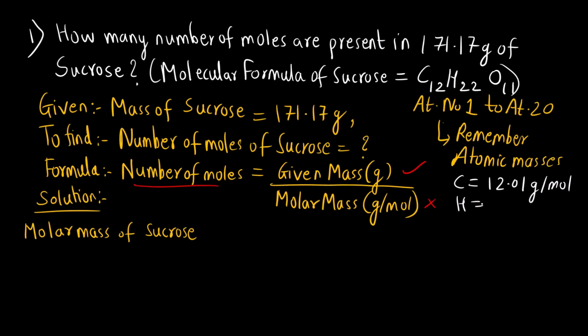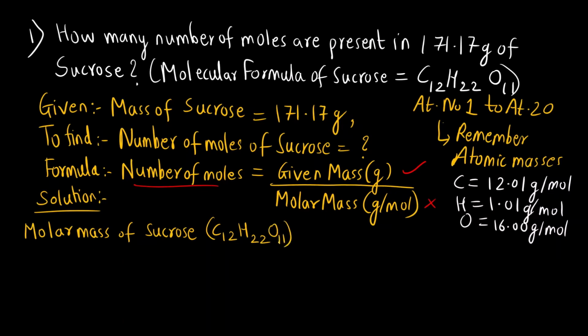For hydrogen it is 1.01 grams per mole, and for oxygen it is 16.00 grams per mole. So the first step is to calculate the molar mass, and the molecular formula is also given, C12H22O11. So how do we calculate this?